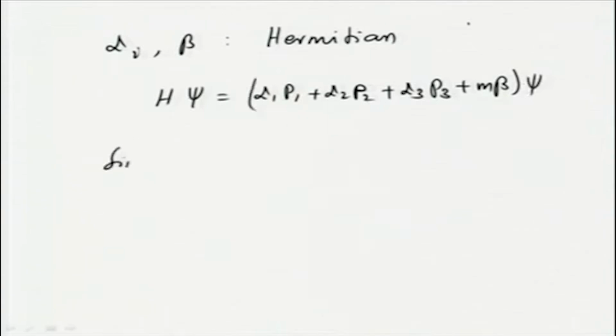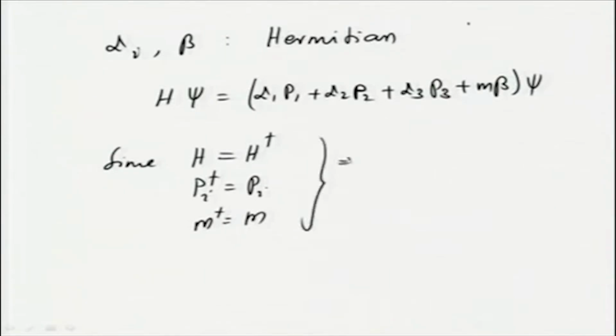Since H is Hermitian, P is Hermitian, and m is anyway a constant, that will tell you that alpha I is Hermitian and beta is Hermitian. So, this is another property. So, alphas and betas are Hermitian objects.